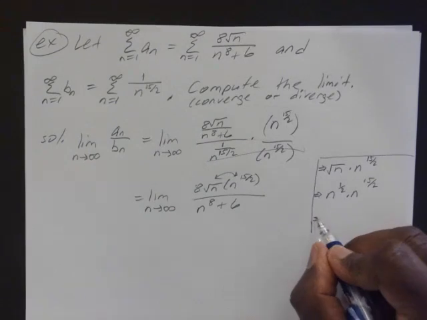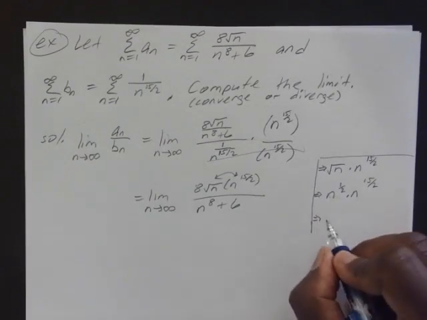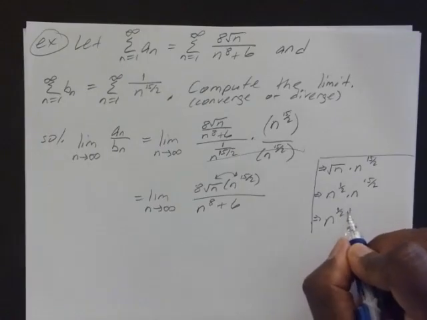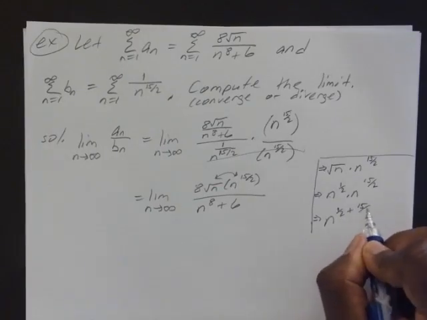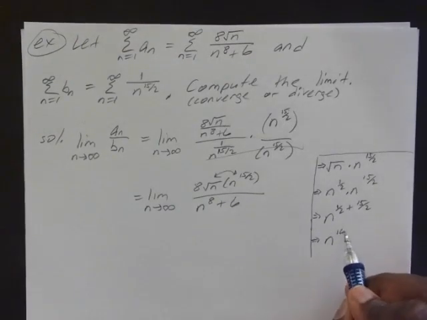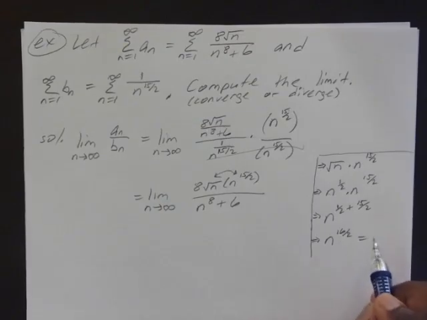We can rewrite that again, since you have the same base, you can just add the exponent: 1/2 plus 15 divided by 2. Just n to the 16 divided by 2 power, or just n to the 8th power.